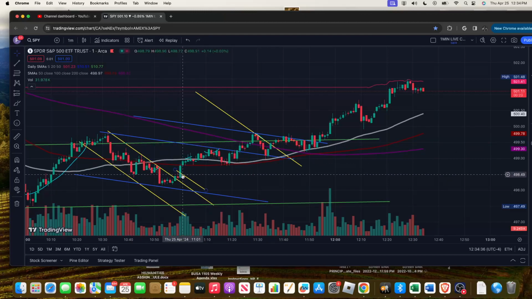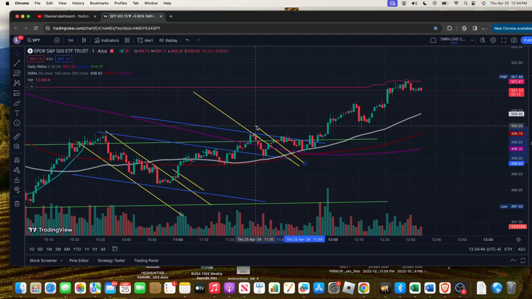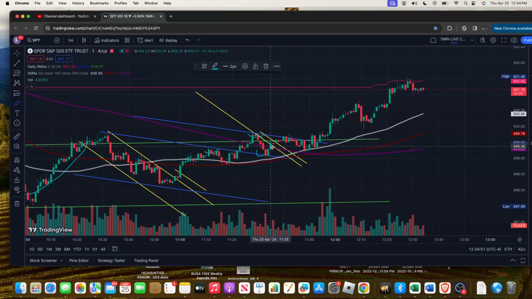Okay, you see the same thing that happened right here, the red and the green, okay? The same thing happened here, okay? The microstructure was right there. So I'm gonna show it to you right here, and right here, okay?